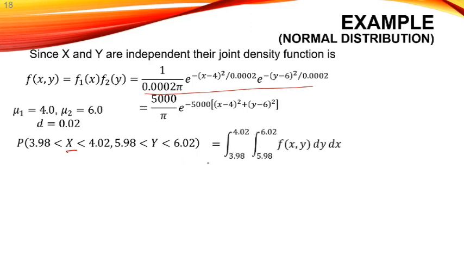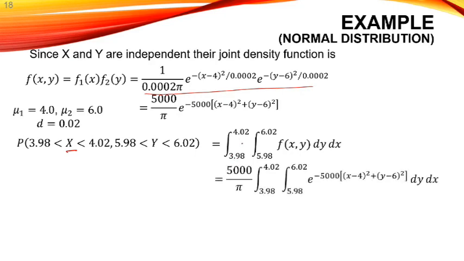So it is evaluated by the double integral of the density function f of x y dy dx evaluated from their limits. So y is from 5.98 up to 6.02 and x is 3.98 hanggang 4.02. So performing the integrals, substituting the values, which is approximately 0.91.